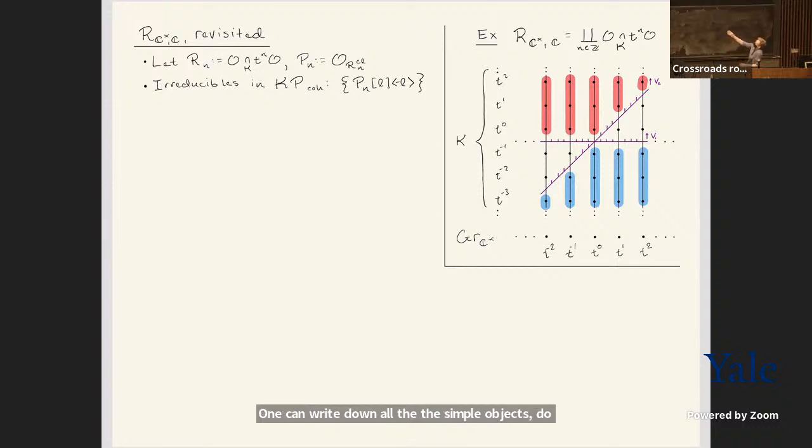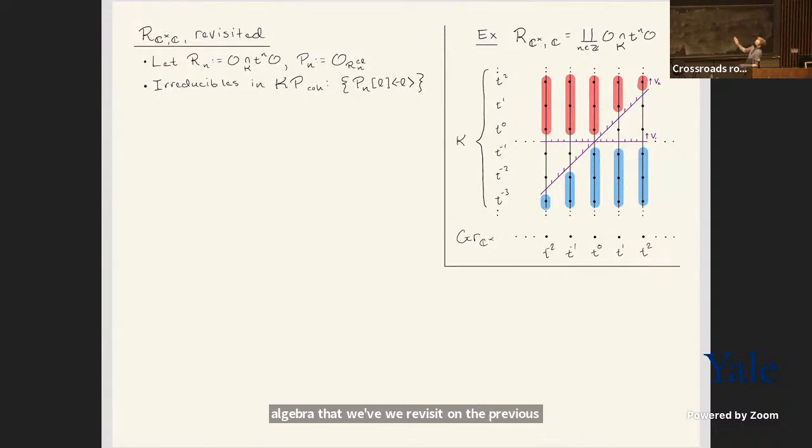So here, let's write P sub n for just the structure sheaf of the classical part of the nth component. Again, we said that a coherent sheaf on that nth component is a DG module over some DG algebra that we revisited on the previous slide.